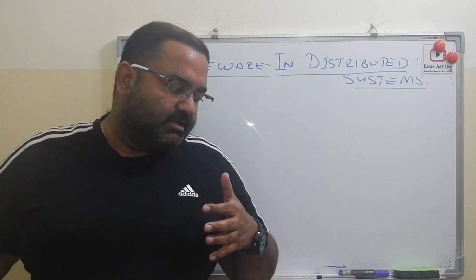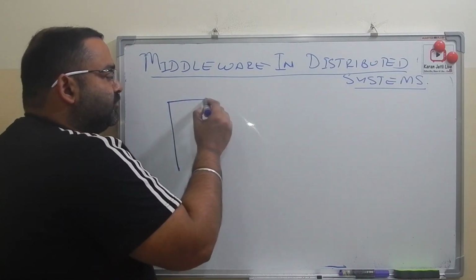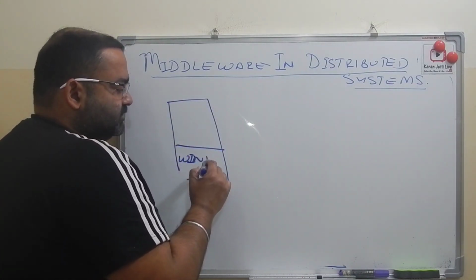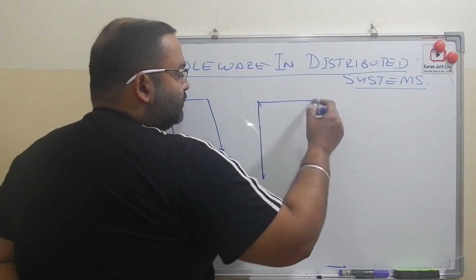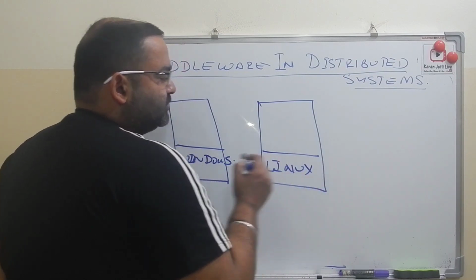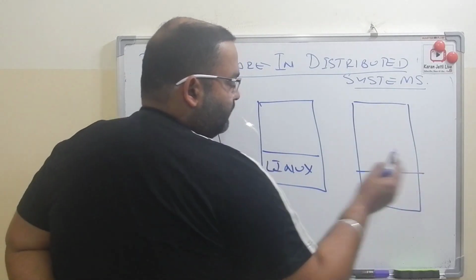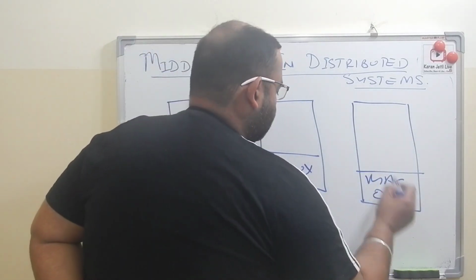For example, on the internet we have one computer which is running the Windows operating system. Another computer may be running a Linux operating system, and another may be running Mac OS.